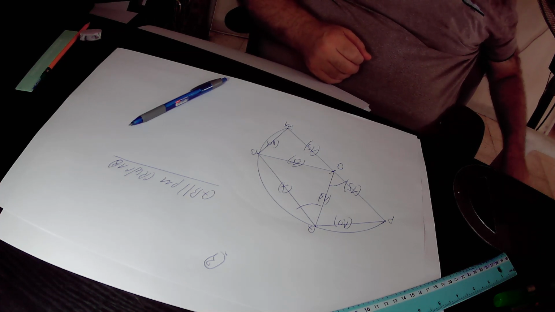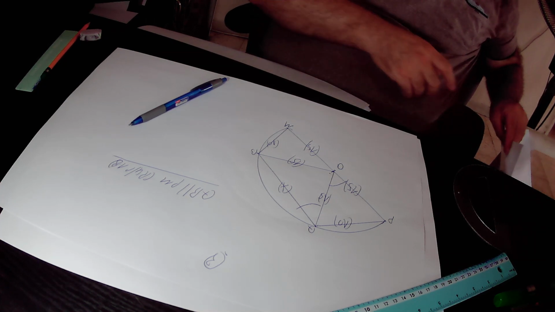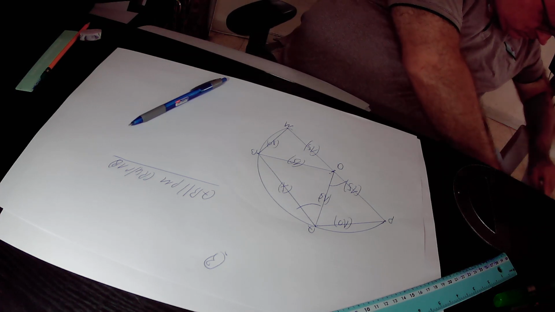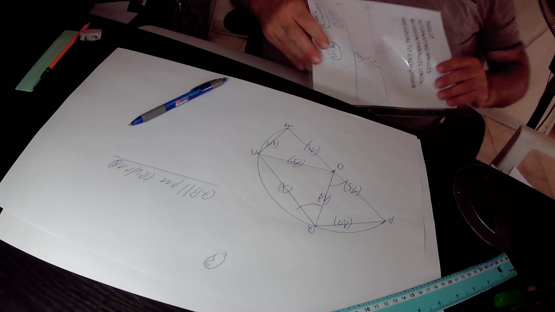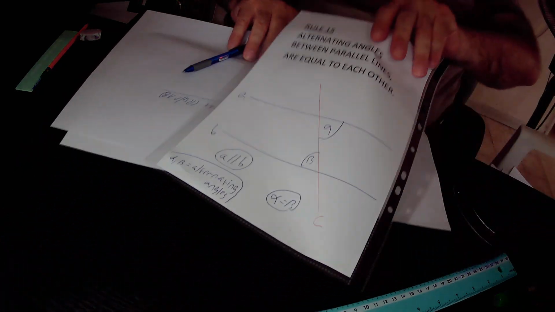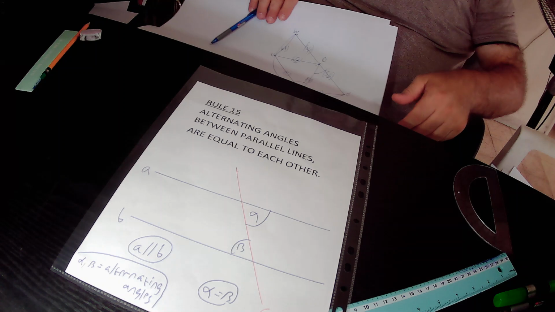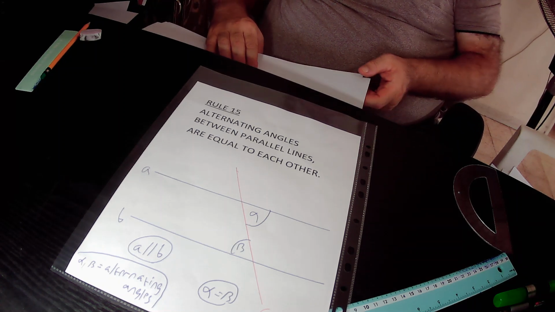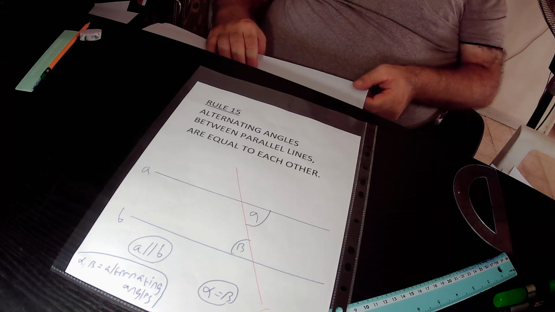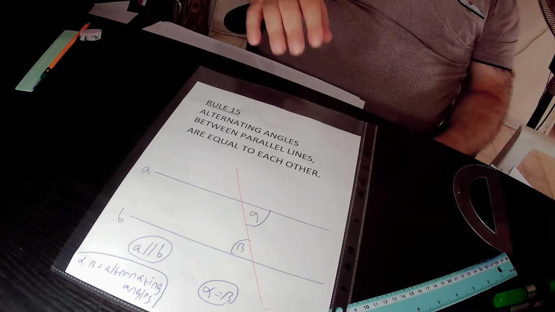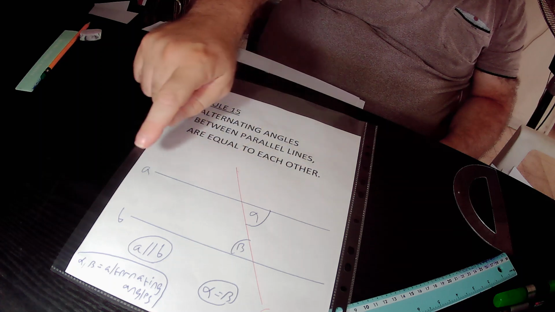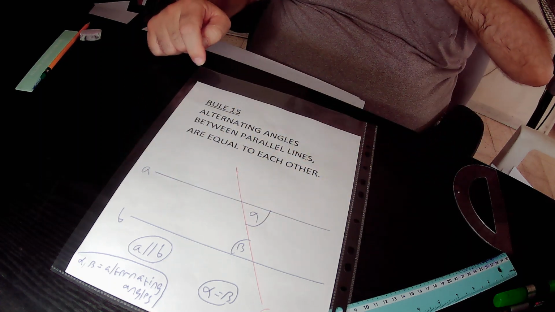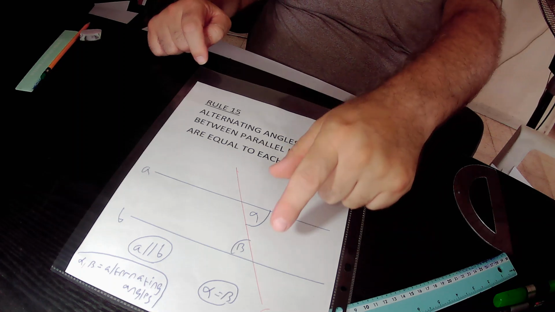So if we check on rule 15, according to rule 15, alternating angles between parallel lines are equal to each other. So in the drawing, we have line A that is parallel to line B. The red line is line C that intersects with those two parallel lines at those 2 points.